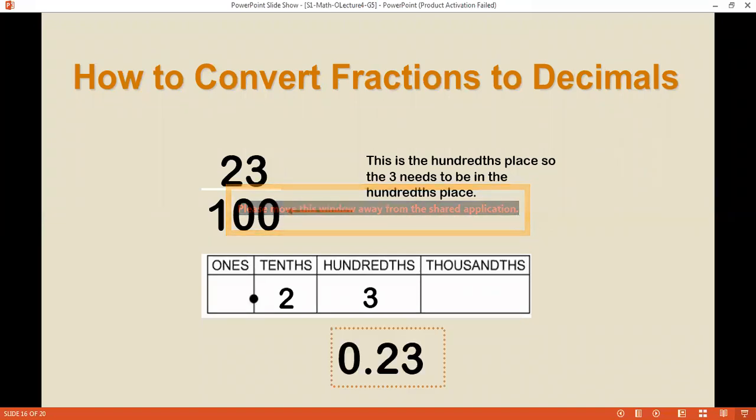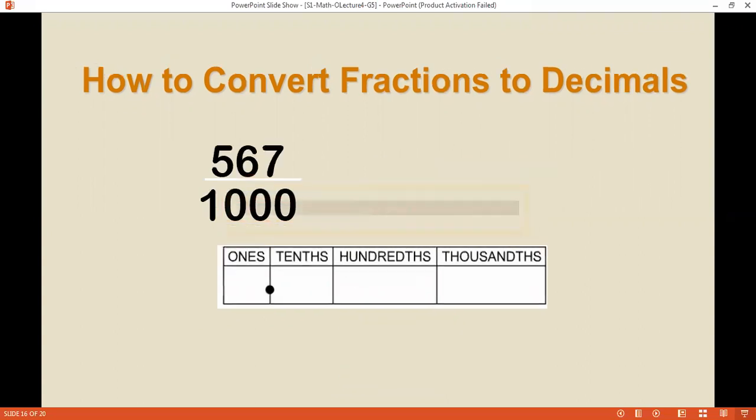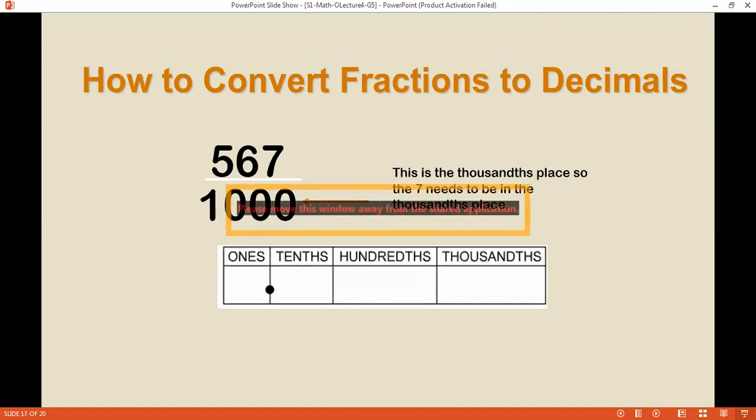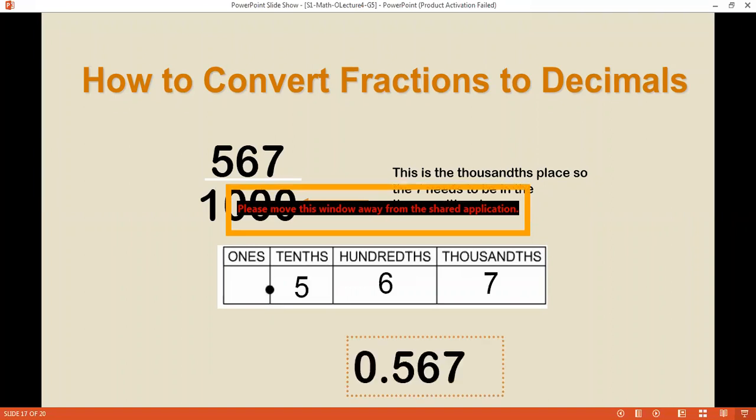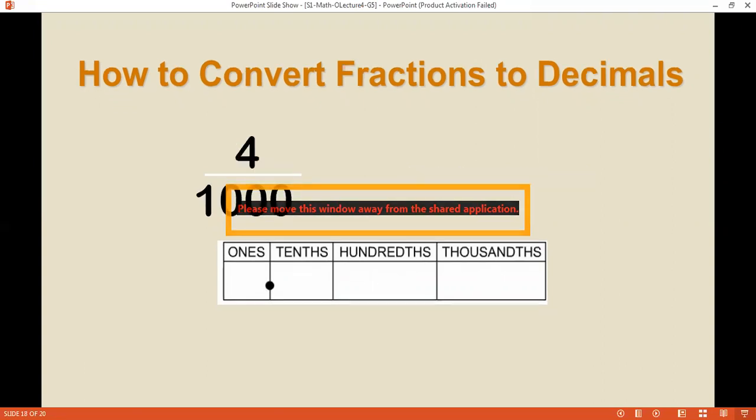Is everything clear till now? Let us continue. If I have 567 over 1000, how do I say this in word form? 567 thousandths. Okay, so I put 567 until I reach the thousandths. So it's 0.567. Is it clear? What if I have only 4 over 1000?